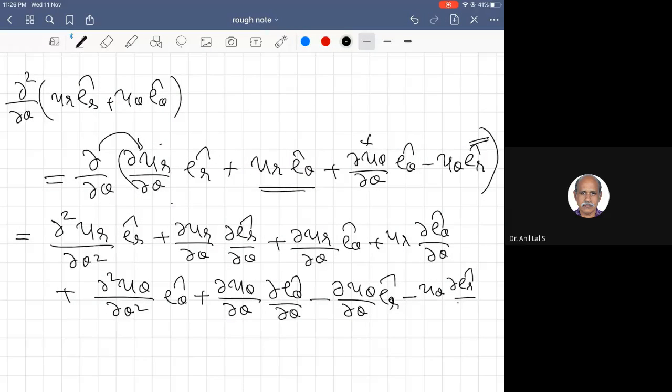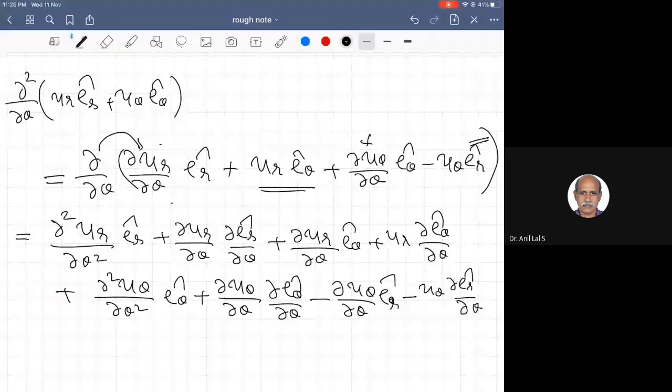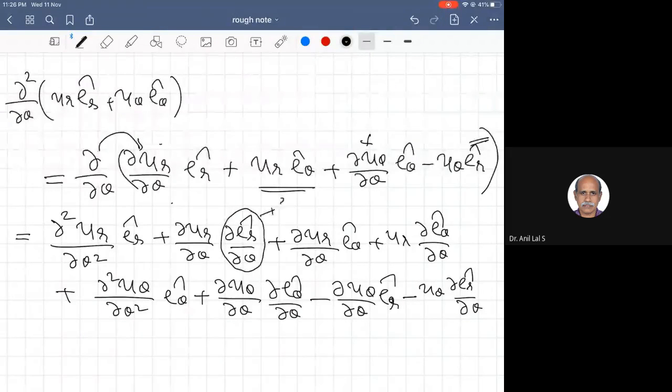We have to simplify it. Dou er by dou theta is e theta, and dou e theta by dou theta is minus er.